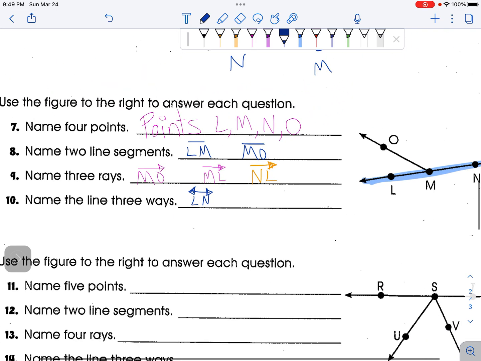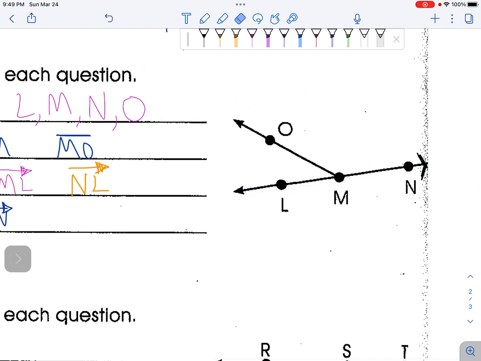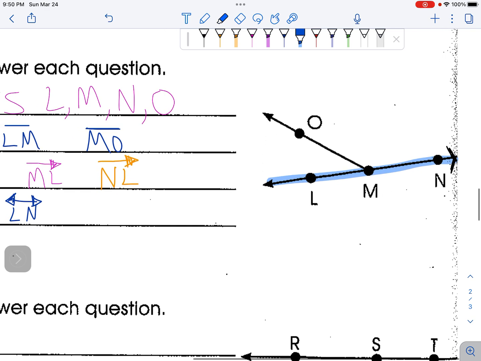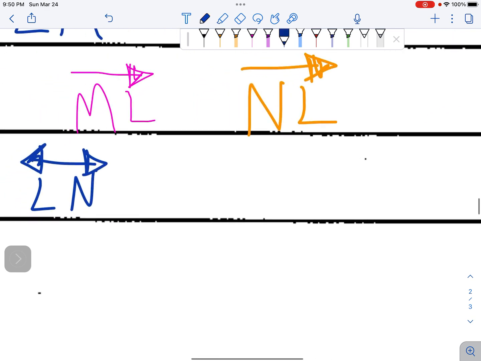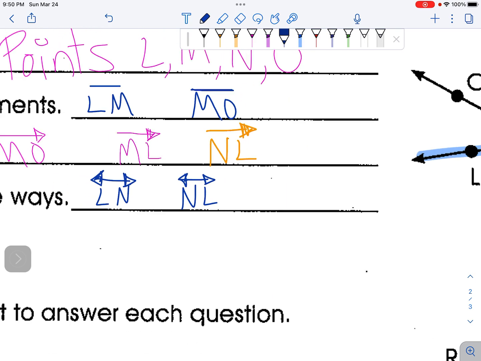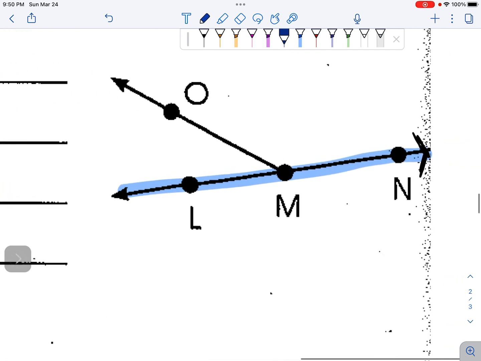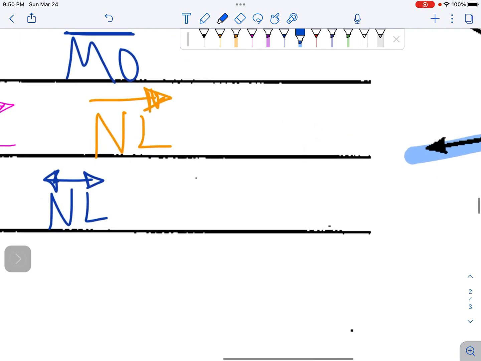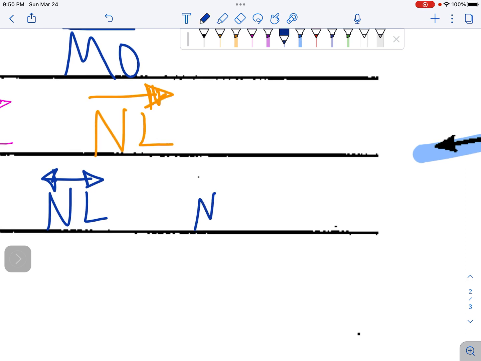Or we could start at the other end, start at N and go through L. So that would be NL. Or we could just talk about M to N. As long as we have the arrows, that means it would go forever through M, and it just happens to go through L as well. So I'm going to write MN, knowing that you could write it in either order.